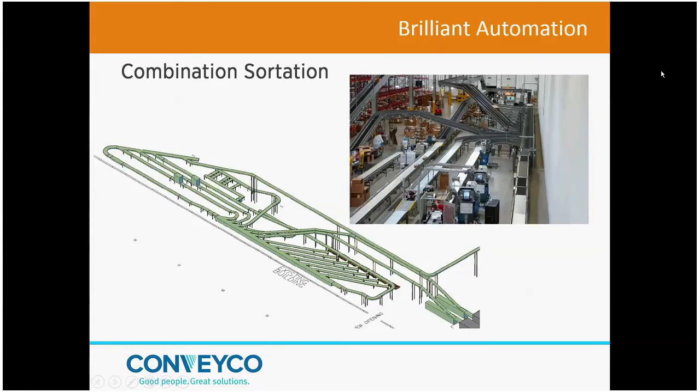Combination sorting. So if you're a low to medium operation, this particular system shipped approximately 20 cartons a minute. What we were able to do, every carton, this was a split case picking operation that they picked to the shipper, but then the shipper had to be packed.